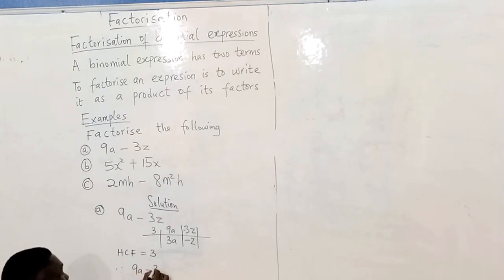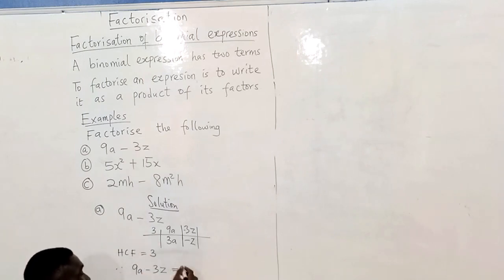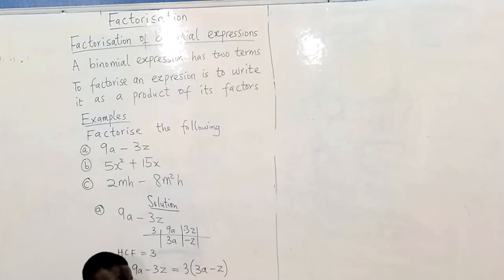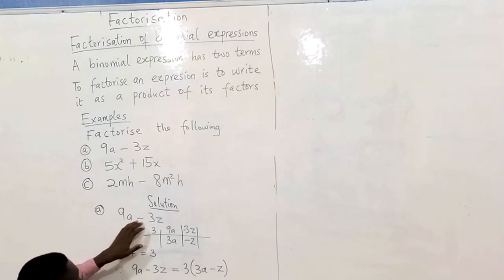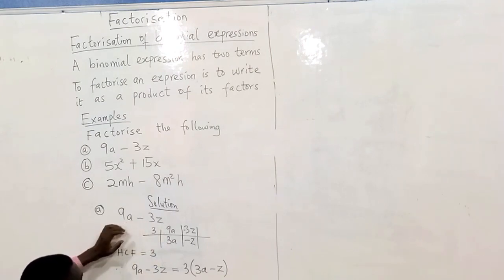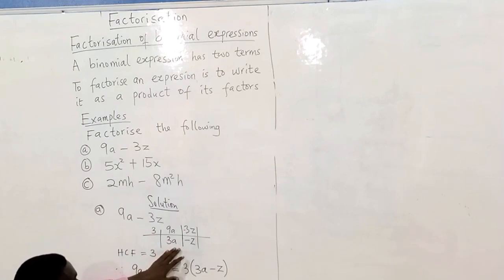Therefore, 9a minus 3z, if you factorize, bring out the HCF and open up a bracket. Then whatever is remaining here, you write it as 3a, and whatever is remaining here, you write it as minus z. So with this, we have successfully factorized 9a minus 3z. Remember, we looked for the HCF.